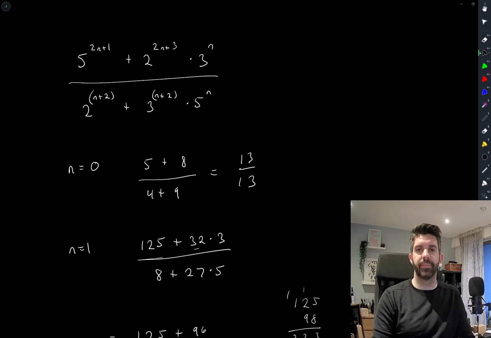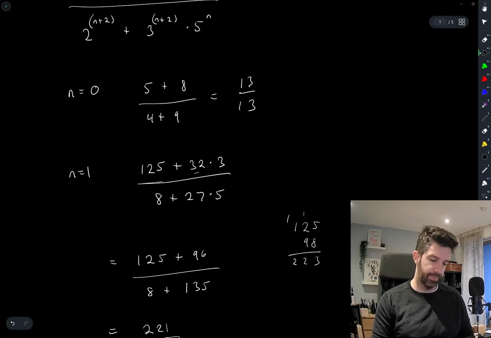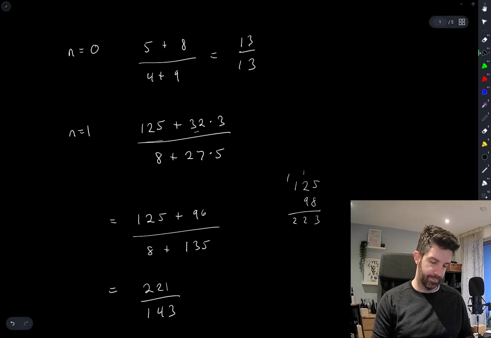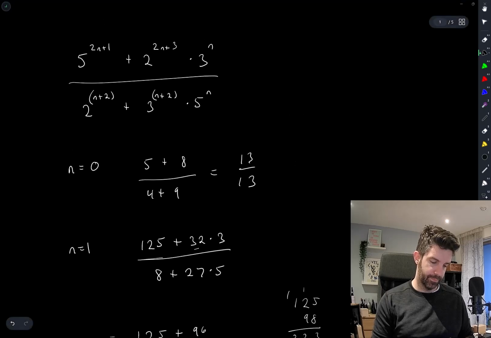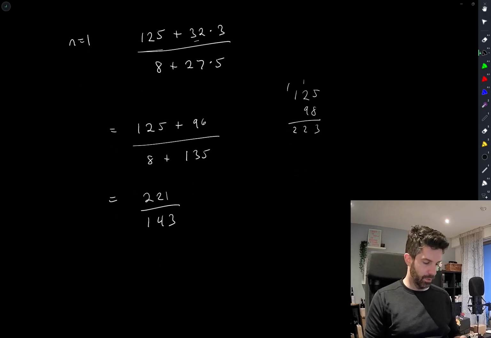I have no idea. I mean, I just assume there's some kind of way of factoring these things in some way. What are these factors?